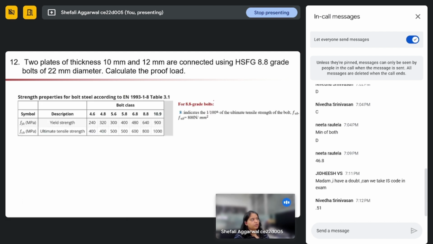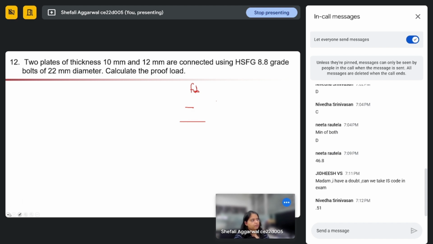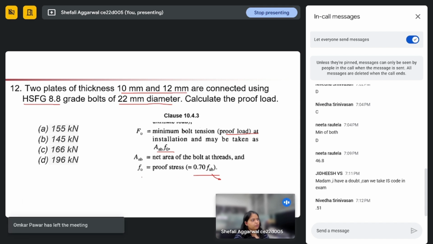Firstly, how we are calculating our fub. For 8.8, this 8 will indicate our fub value, and 0.8 will be indicating our ratio. Okay, so fub will be 800. Once you know fub, you can calculate f naught and anb. Area you can easily calculate.